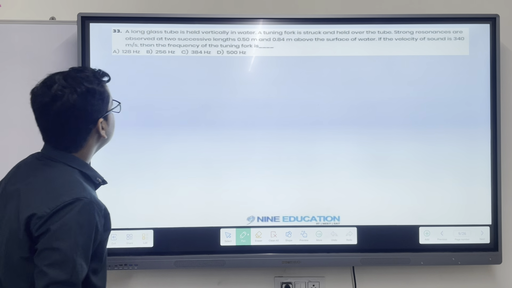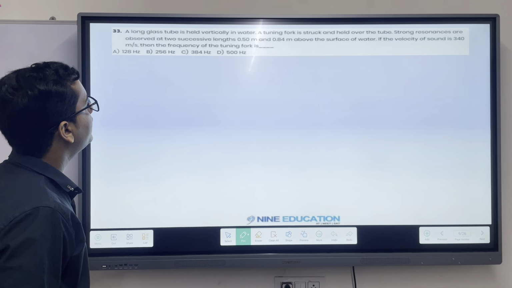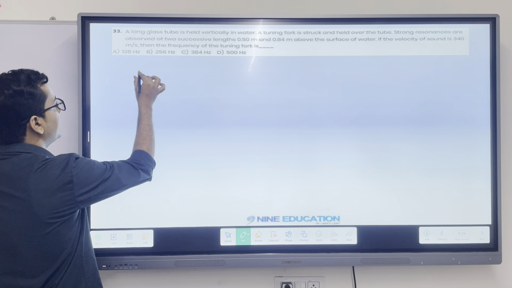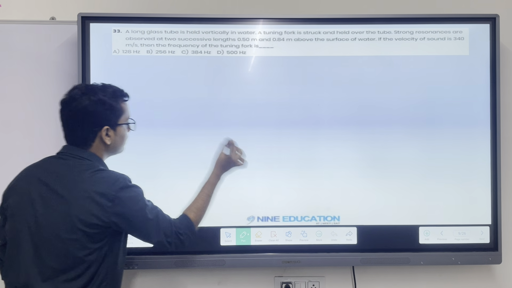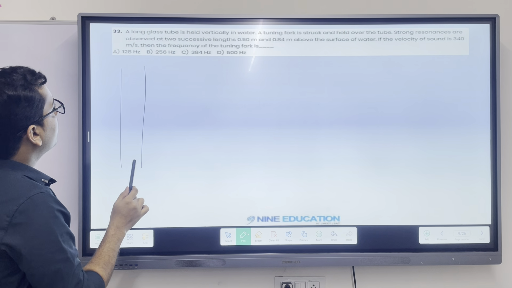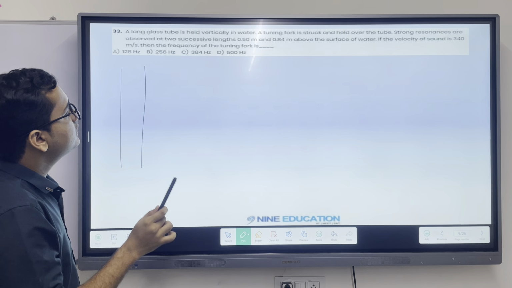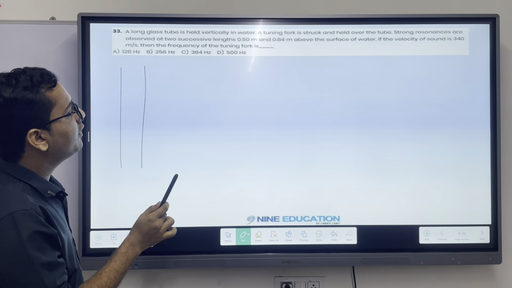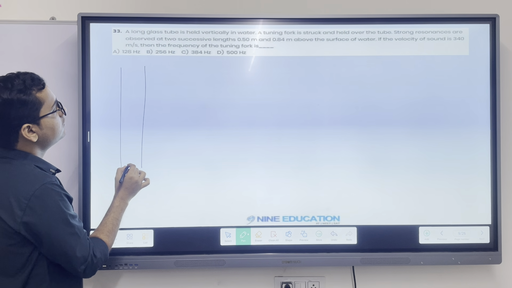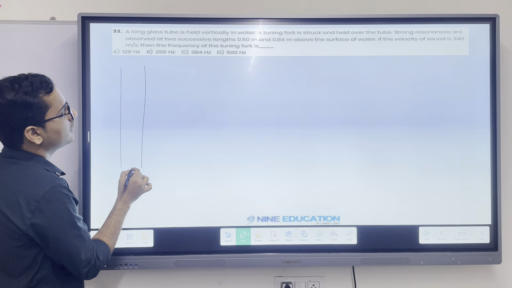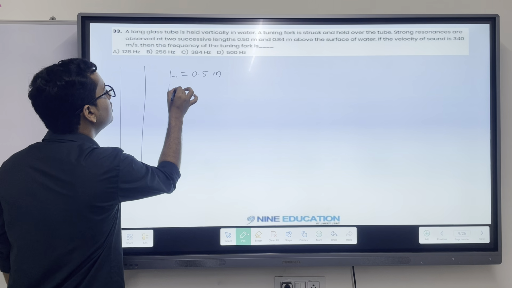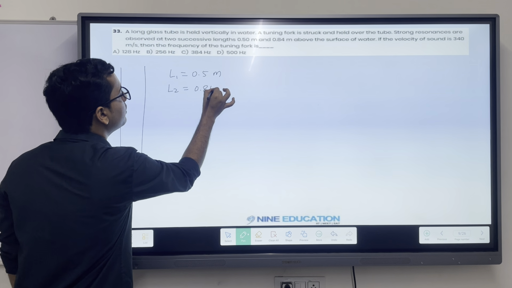Okay, next one. A long pipe is held vertically in water, and a tuning fork is used. This is the resonance question. Now they are saying that the strong resonances are observed at successive lengths 0.5 meter and 0.84 meter above the surface of the water. Okay, so L1 I will say is 0.5 meters, L2 is 0.84 meters.